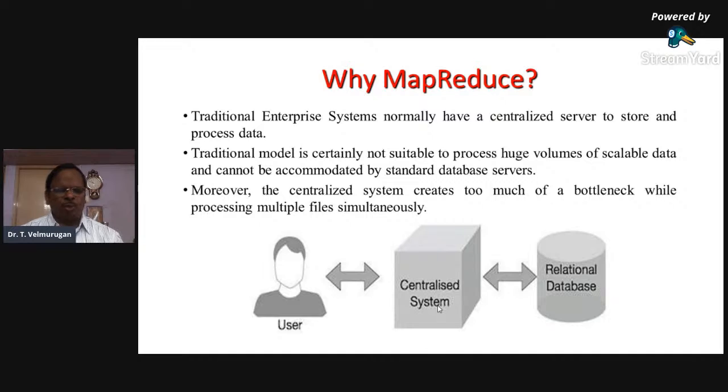So in order to quickly process the information available in a single server or in multiple servers, we require the MapReduce method. We can fetch information from multiple servers and get it easily by means of MapReduce.